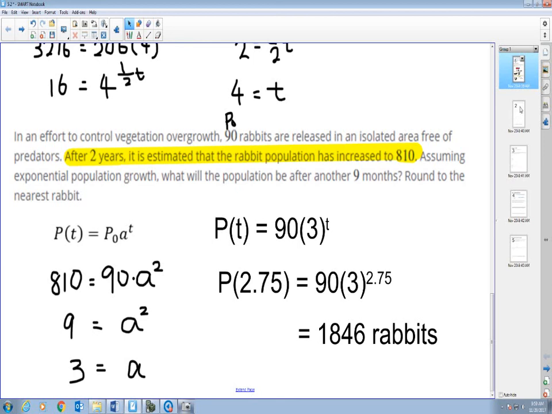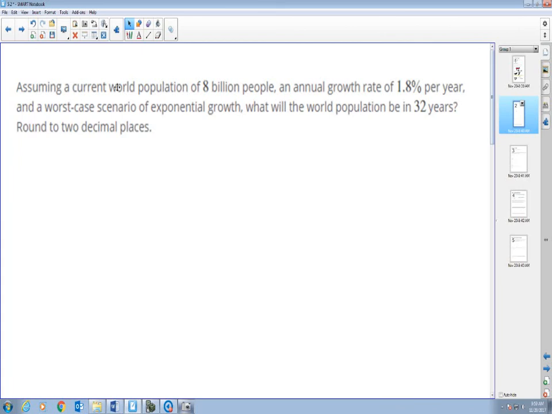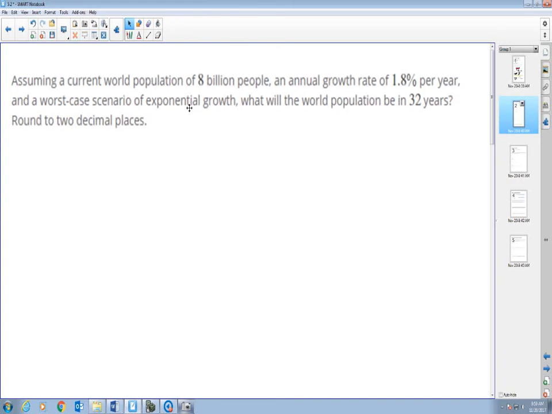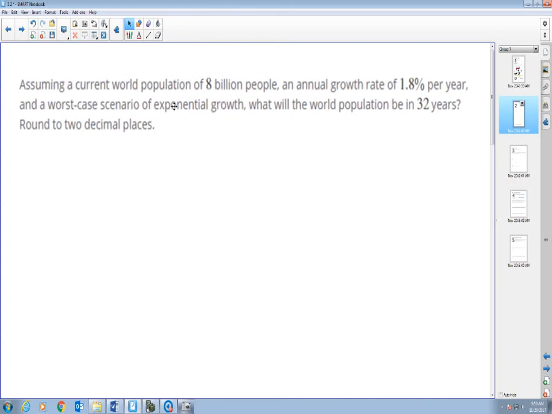A lot of times, if a problem does not give me the model, I have to read it carefully and figure out what the model is. So this is a very interesting problem. Assume a current world population of 8 billion people. Right now, I think we're a little bit over 7 billion on Earth as of 2017.